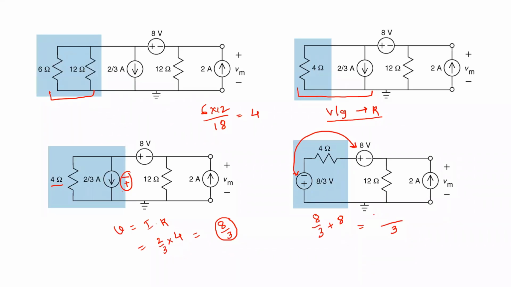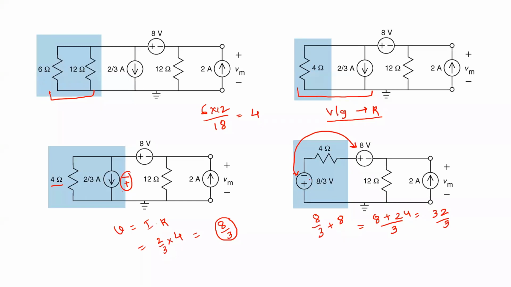The LCM is 3, so 8 plus 24, that is 32 divided by 3. These two voltage sources can be converted into a single voltage source. They are added here because of alternate polarities. So 8 by 3 plus 8, as a result, 32 divided by 3.